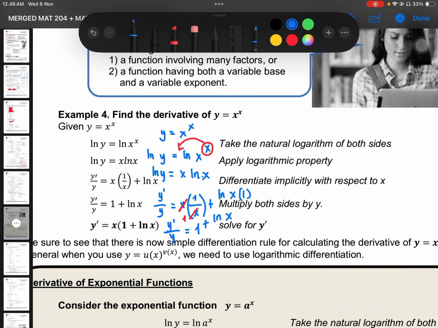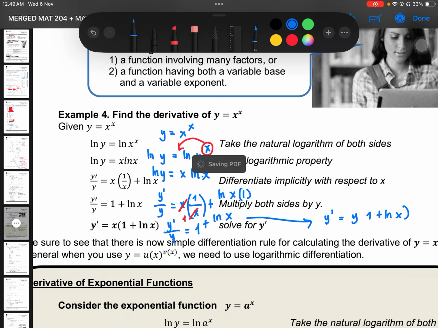Okay. So, therefore, y prime is equal to y, okay, this is y multiplied by 1 plus ln x. So, kumbaga, parang si y dito, lilipat lang natin. Okay? So, bakit x ang nakalagay dito?